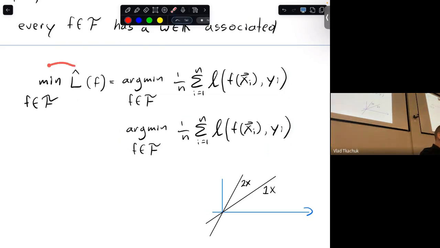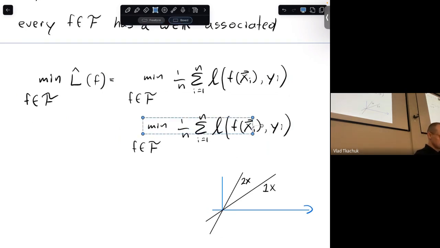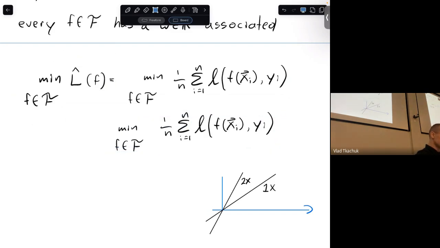So far we have that the minimum value of this is obviously equal to the minimum value of this. I've just expanded this thing. Now I'm going to write this slightly differently. I'm going to look inside here, and I know f. f has got to be x_i transpose times some w.